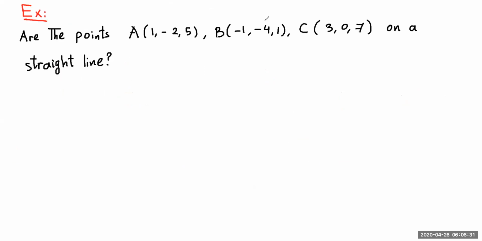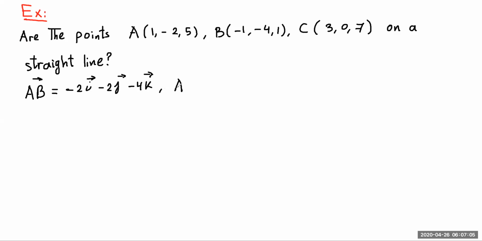Let's take this exercise. Are the points A, B, C on a straight line? Let's take the vector AB. What is the vector AB? It's xb minus xa times i, so minus 2i, yb minus ya minus 2j, zb minus za minus 4k.